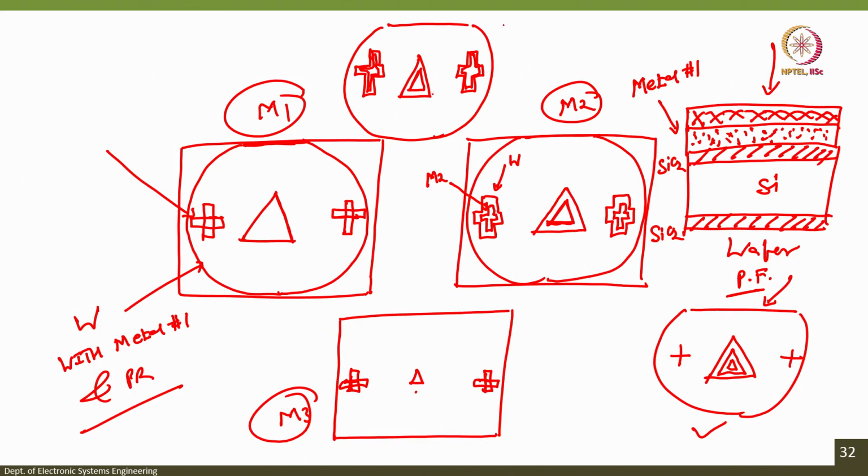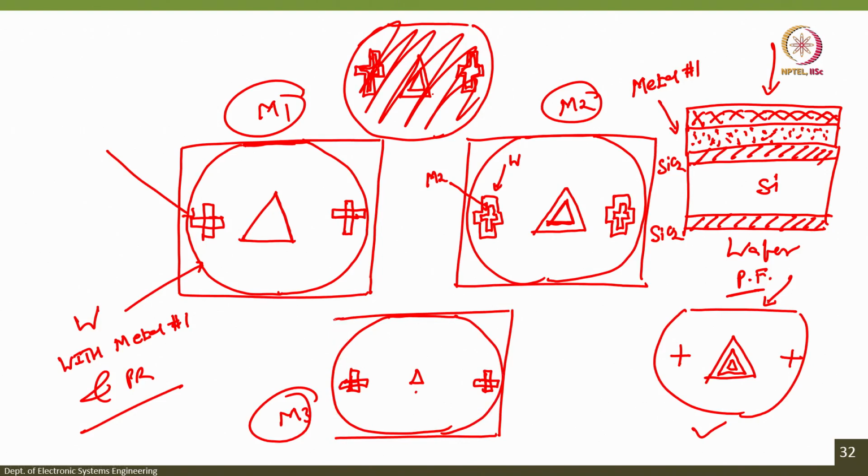Now, you again deposit another metal, spin coat photoresist, soft bake it, align it with the third mask, right, and you already know that my, let me read out the alignment mark for the third mask, right.